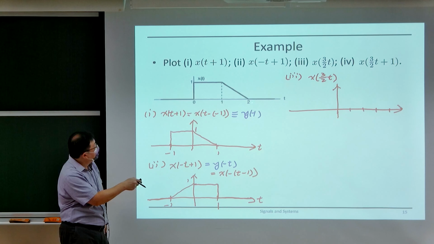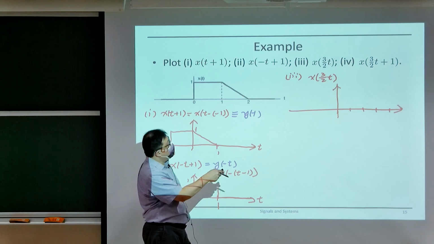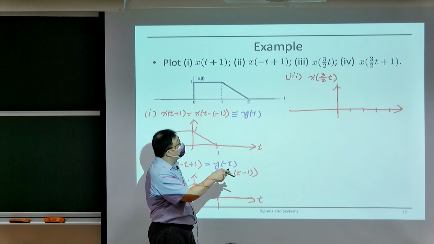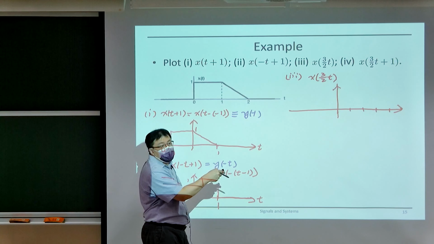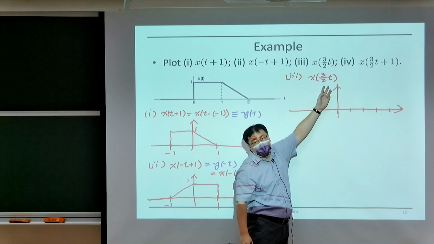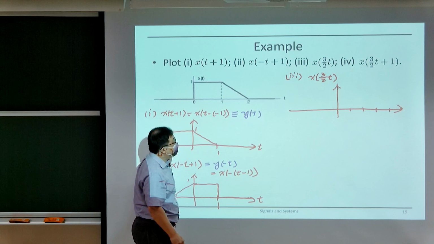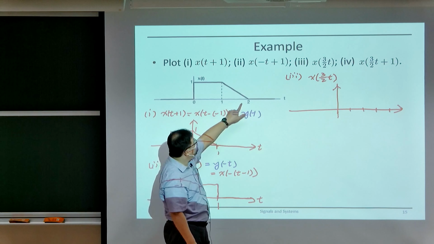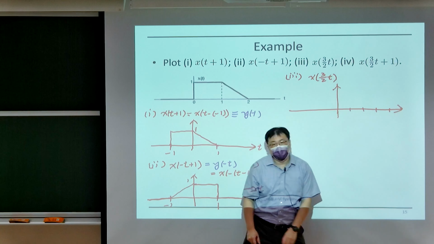For this point, let's say x of 2, in order to get the value x of 2, t must be how much? In order to get 2, t must be 4/3, right? So in this compressed signal, this point should now occur at the point t equal to 4/3.